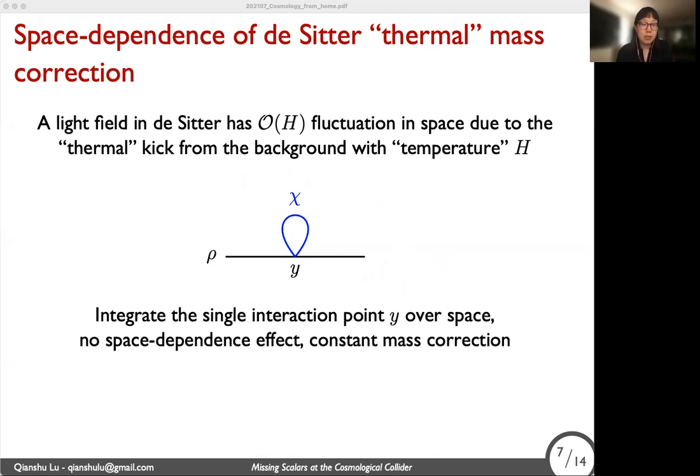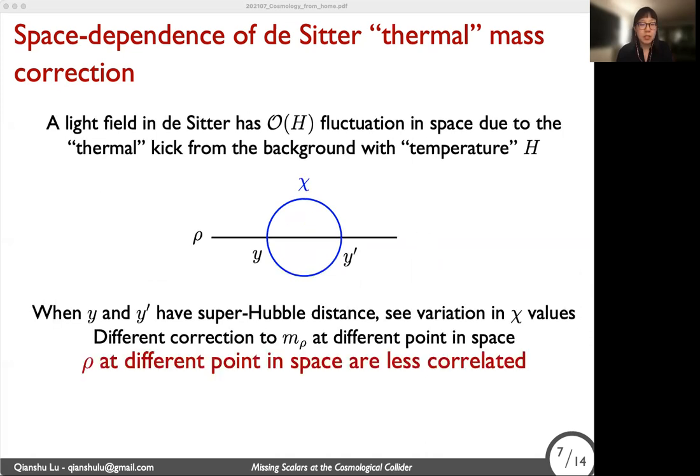What that means is that the rho propagator is going to see the chi field value being averaged over all of space, which is not going to have any space-dependent signal. This diagram has actually been calculated by many people in the past. And what people have found is that indeed, this diagram is only going to contribute a constant mass correction to the rho 2-point function. And there's no space-dependent signal that we are looking for.